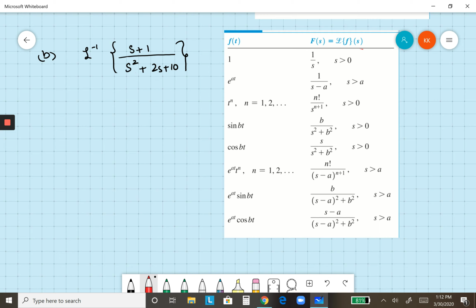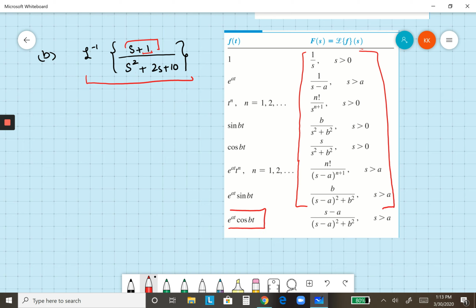So let's do another problem with inverse Laplace transform. So looking at this problem, we can tell from the table that it's s plus 1. So we know that in the numerator there's s plus something. So looking at the right hand side of the table, we know that we don't do s plus anything until the last point, which is e raised to power at cosine bt.